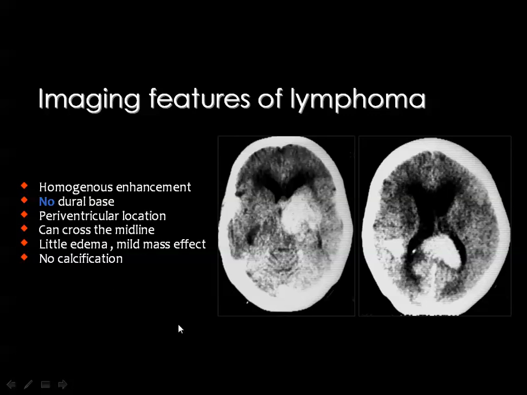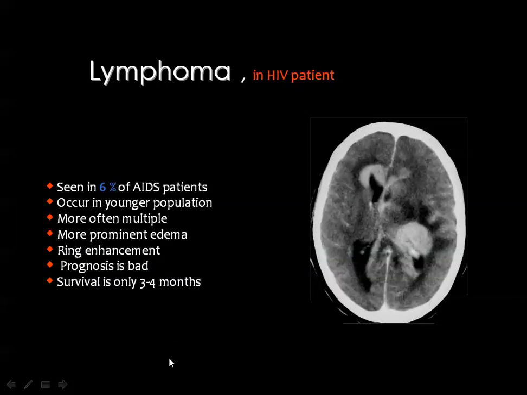Then lymphoma in an immune-compromised patient or in an AIDS patient will sometimes show heterogeneous enhancement, and it may show significant perifocal brain edema. Then we'll discuss this in the subject of brain infection and brain tumors in AIDS patients later on.